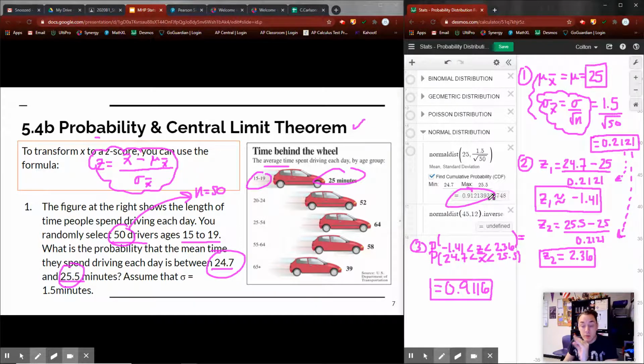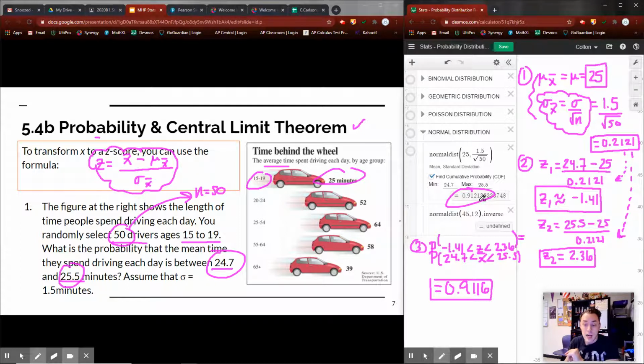So from here on out, I will more than likely do it like this, where I won't necessarily standardize it for you. However, because Math Excel wants you to find the z-scores, whenever they ask you to find the z-scores, I will be finding the z-scores, but I won't be utilizing the z-scores to plug into Desmos. I hope that's clear. If the question asks us to find the z-scores, then I will find them, but I won't plug them into Desmos to find my probability.